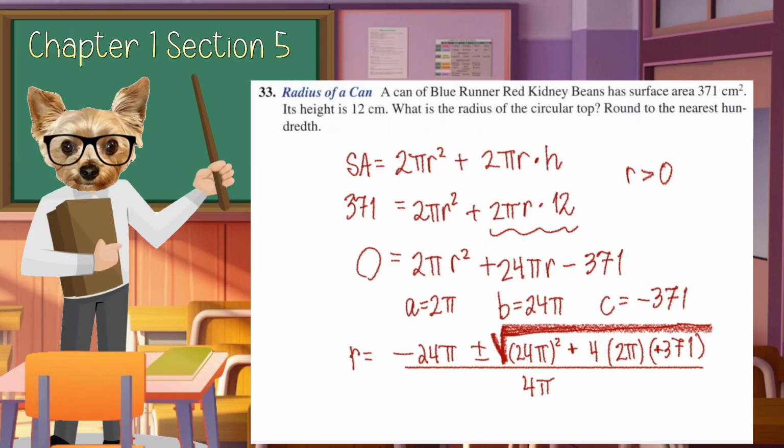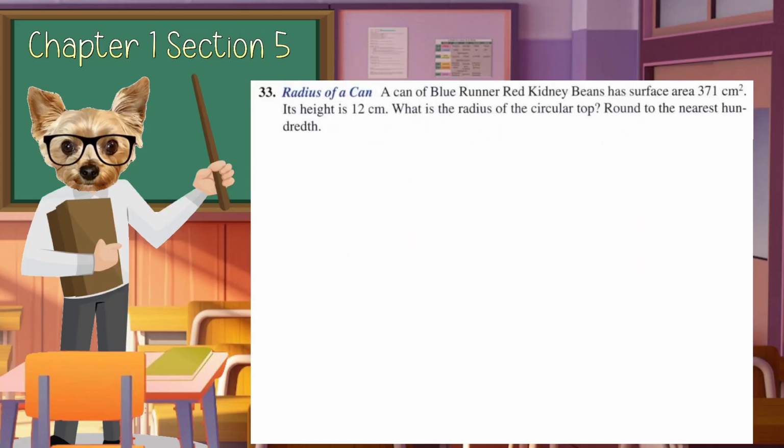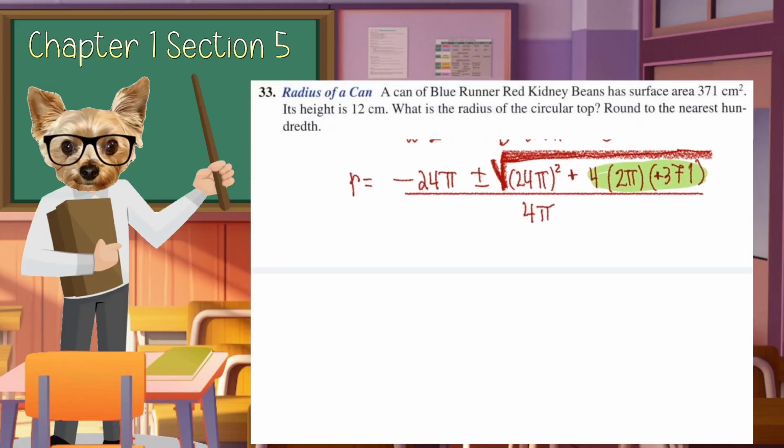So what do I have? 4 times 2, that's 8 times 371 times pi equals. So the part over here in the green highlighter, right, is going to be, you might hear my timer going off.